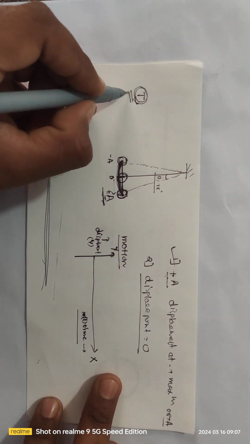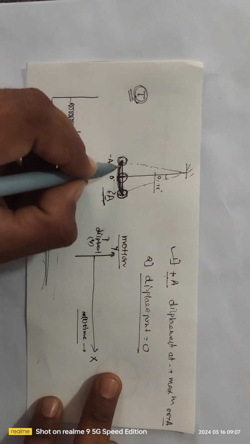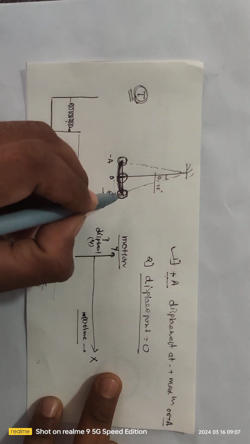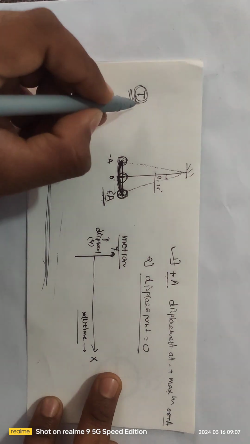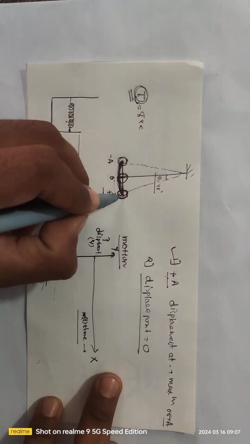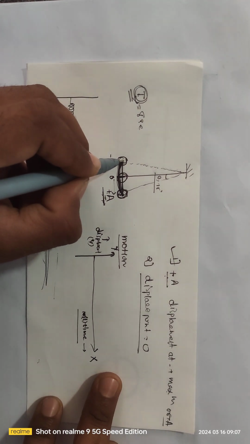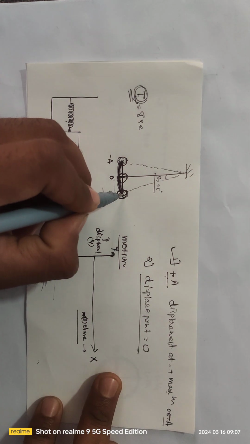So after this time, it will reach this position again. It means if T is equal to 8 seconds, in 8 seconds it will go to the extreme value of the opposite direction and again come here.